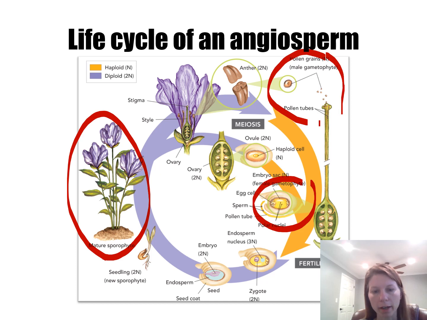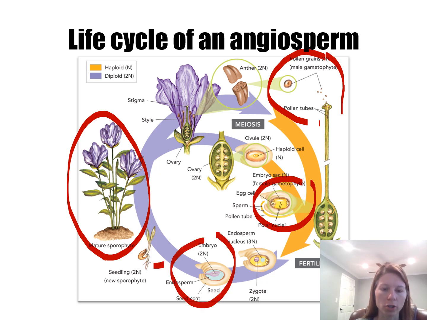Technically, it's an embryo sac in the ovule, but that's neither here nor there. For the purposes of this class, you can know ovule is the gametophyte that's going to give rise to the eggs. And of course, the pollen gives rise to the sperm. And once fertilization occurs, that ovule becomes a seed, and it can germinate and grow into a new plant.